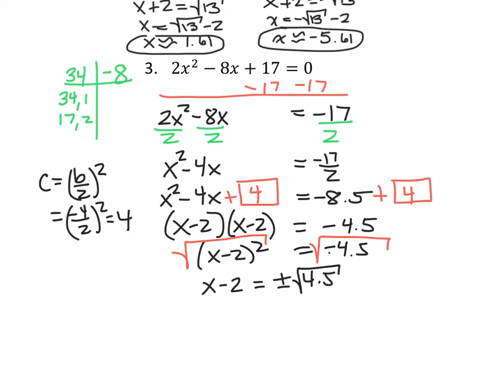And that negative here, the square root of this negative, is going to give us that i, that imaginary unit coming out. And so I have x minus 2 equals the square root of 4.5 i. And I have x minus 2 equals negative square root of 4.5 i.